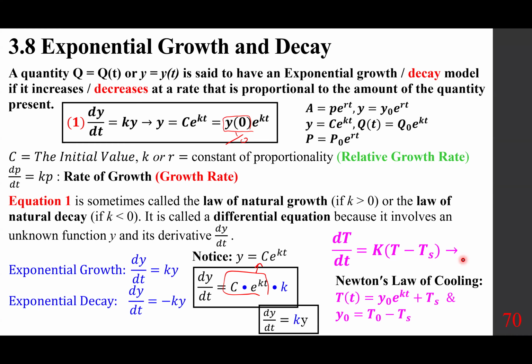If it's hot, it goes down to the room temperature, and if it's cold, it goes up to the room temperature. And this is the formula. I want to discuss that in more detail as we go through it in a few minutes. For now, this is the general form.